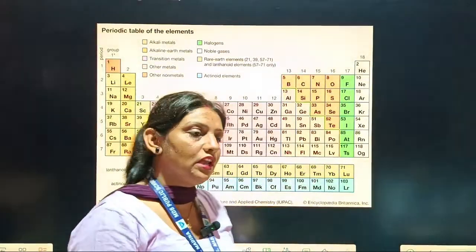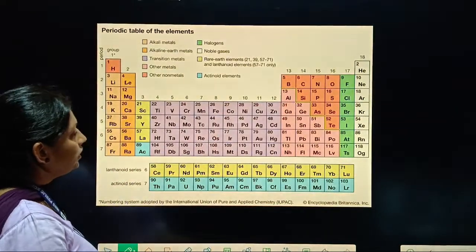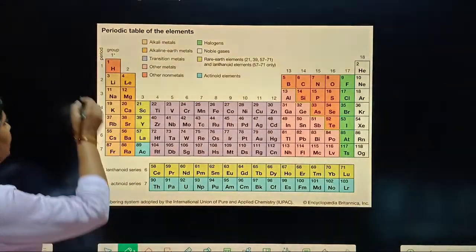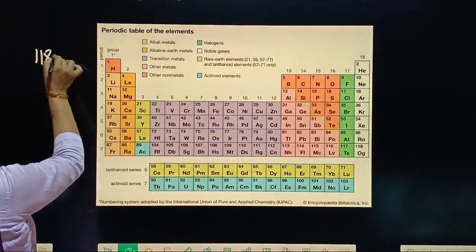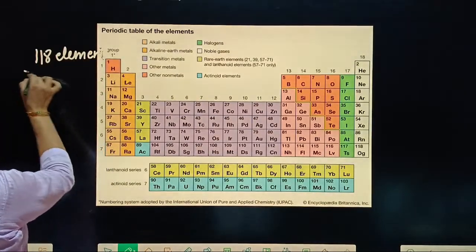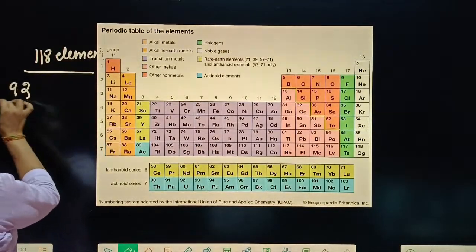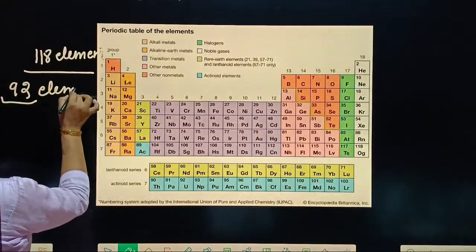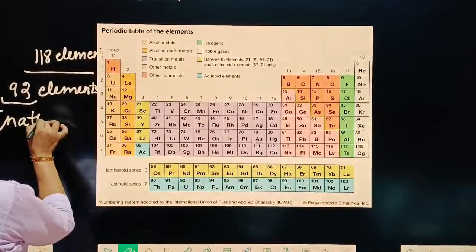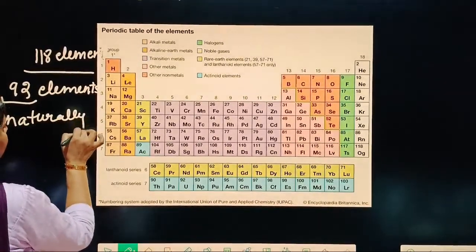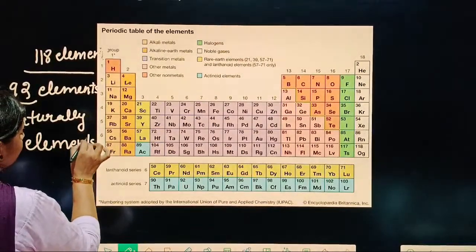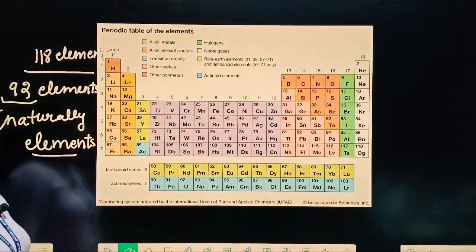In the previous class we discussed the modern periodic table. In the modern periodic table there are a total of 118 elements. Among them, 92 elements are naturally occurring, and the others are man-made.